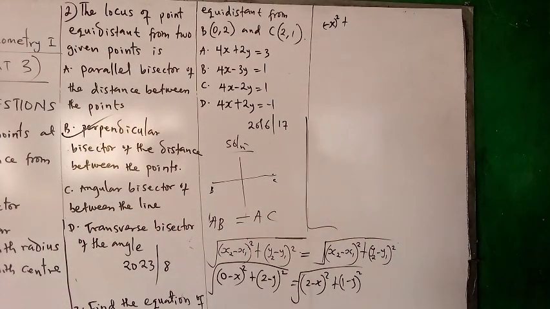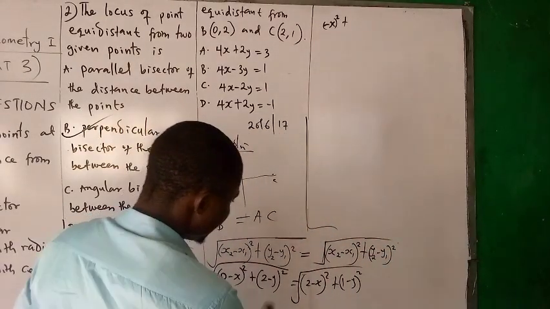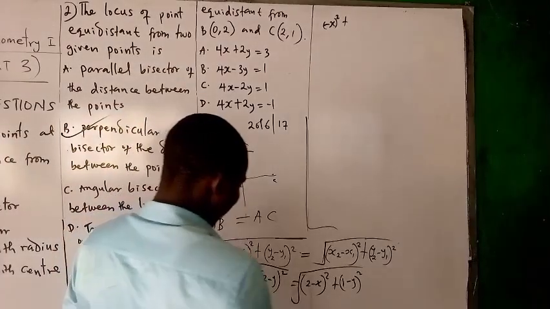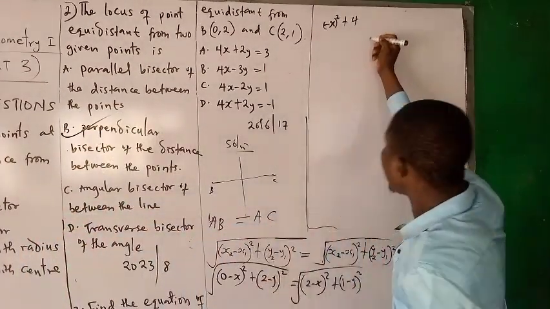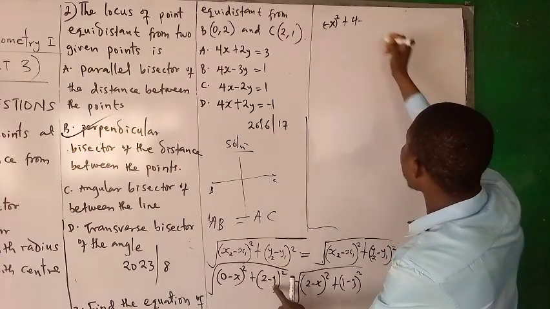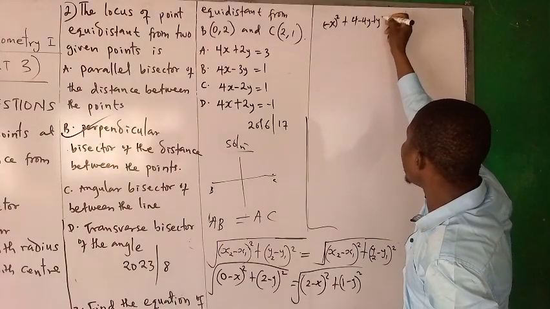You cannot subtract, so you have to expand the equation. That will be 2 power 2 is 4, minus 2 times 2 is 4, then put a y, 4y, then plus y squared.